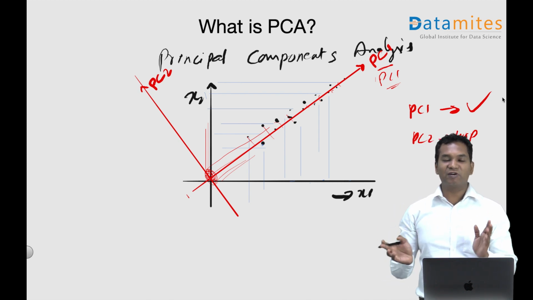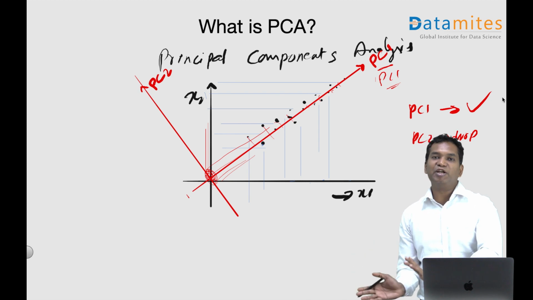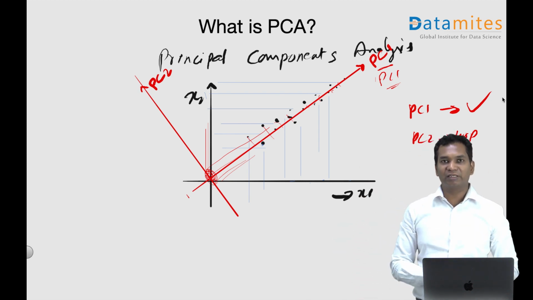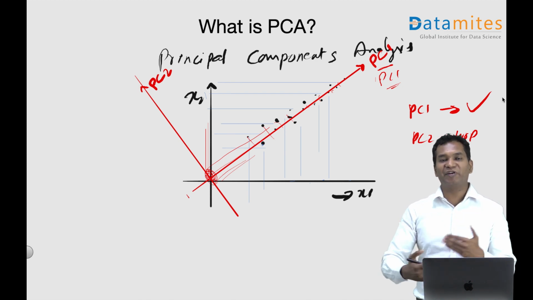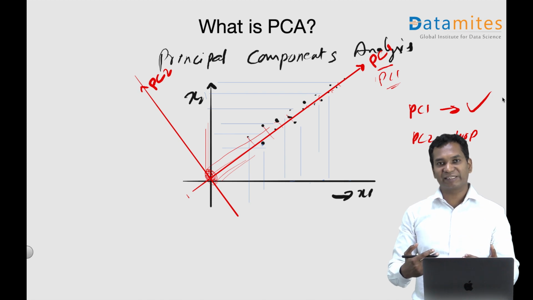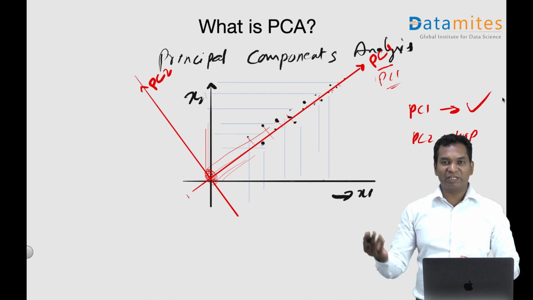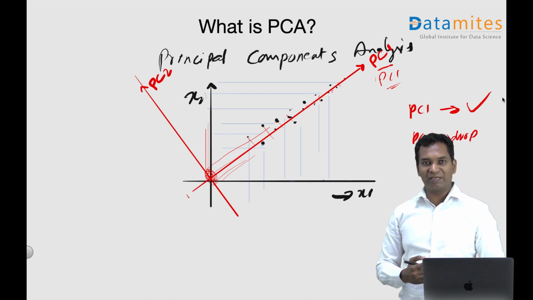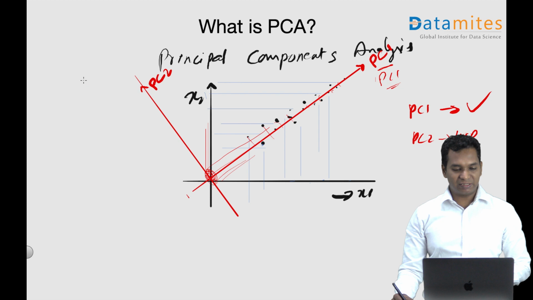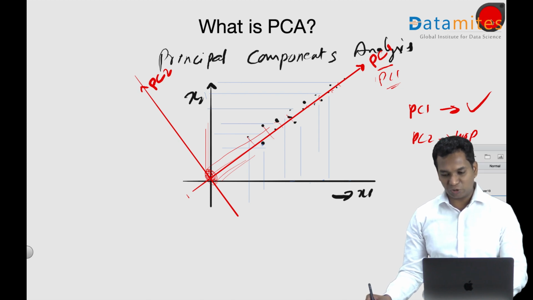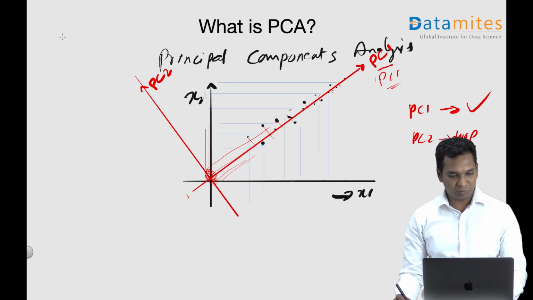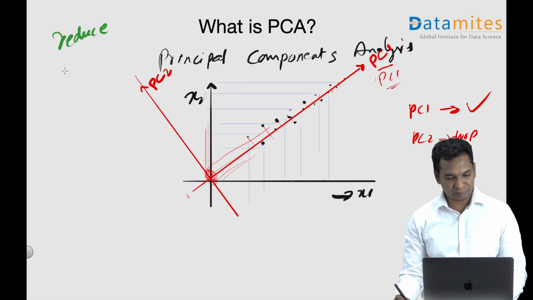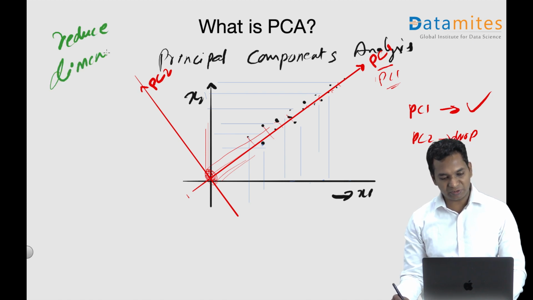So it basically converts your dimensions or axes into principal components, and while doing it, it ensures that most of the variance is captured in the first few principal components. Thereby, you can simply drop the further principal components, which reduces the dimensionality. So, simply, the goal here is to reduce dimensions.